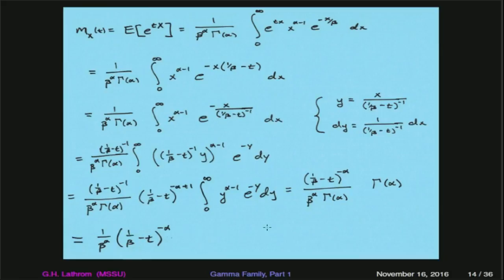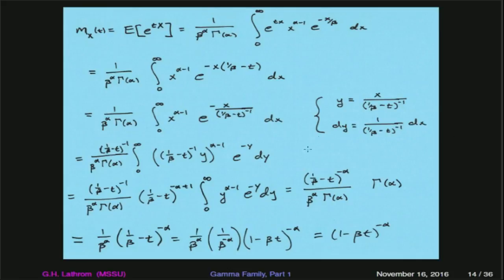If I factor out a 1 over beta from that expression, I get a 1 over beta to the alpha times a 1 over beta to the minus alpha, and inside I have a 1 minus beta t to the minus alpha. My betas cancel each other out, and I end up with my moment generating function of quantity 1 minus beta t to the negative alpha power.